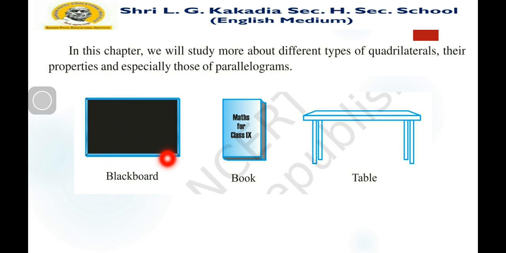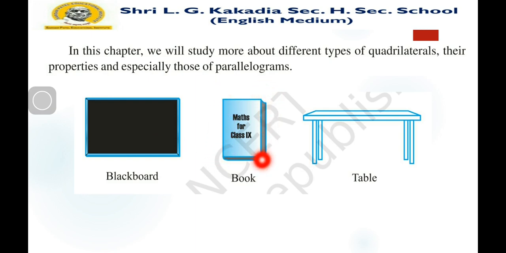This means that if you take the perpendicular distance at each point between the two sides, it is equal. So this line and this line are parallel to each other, as well as this line and this one. So these two sides are also parallel.